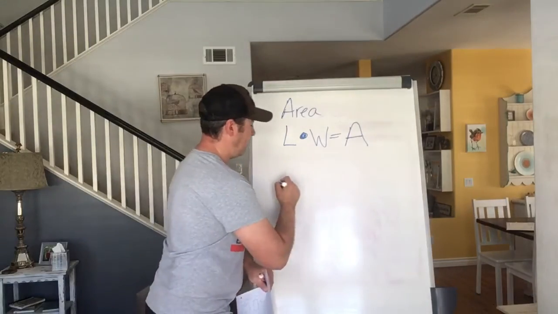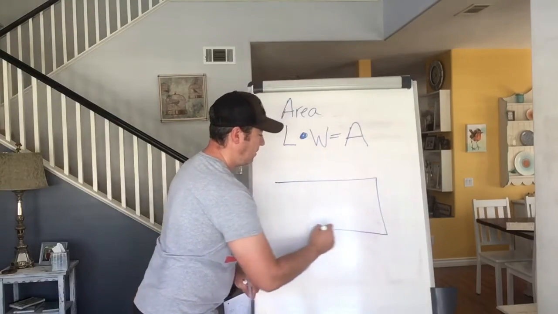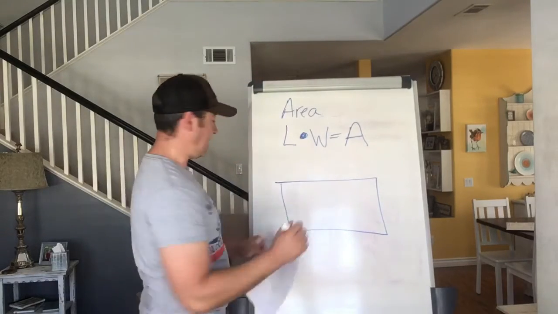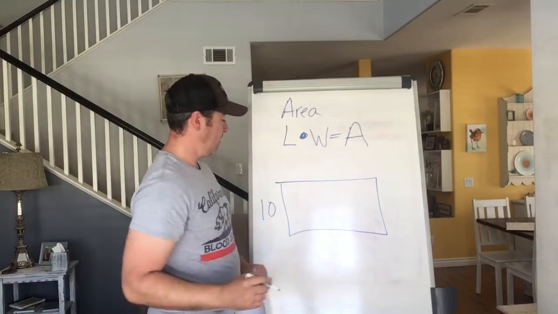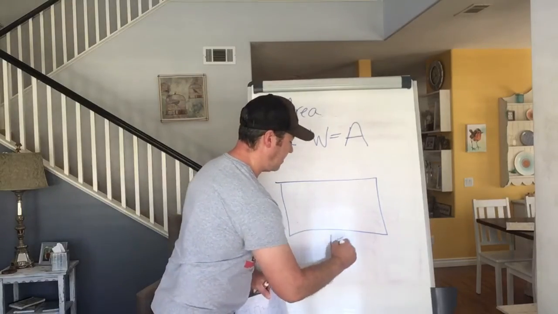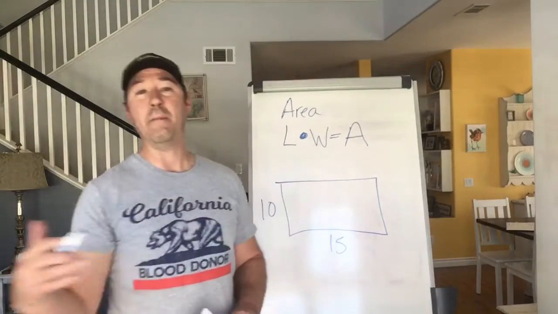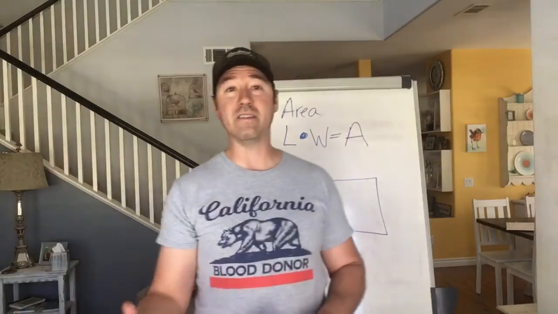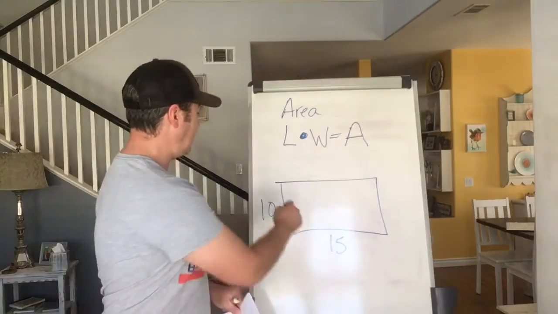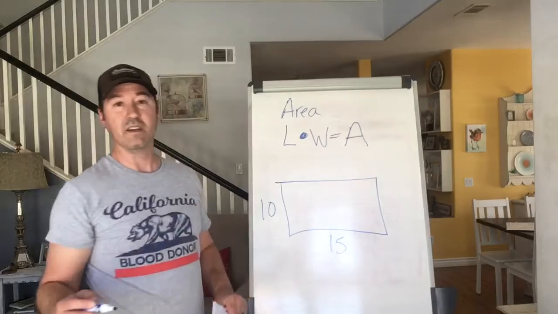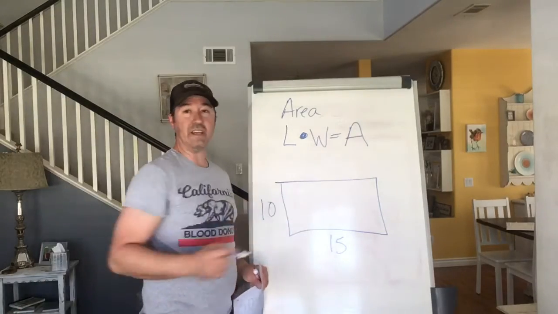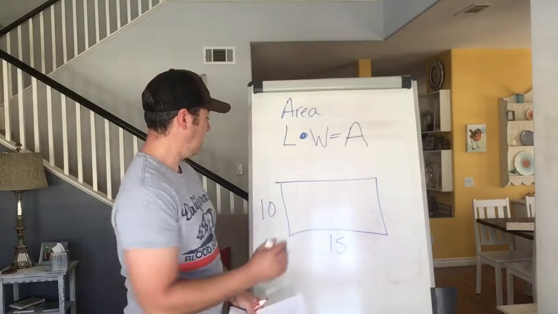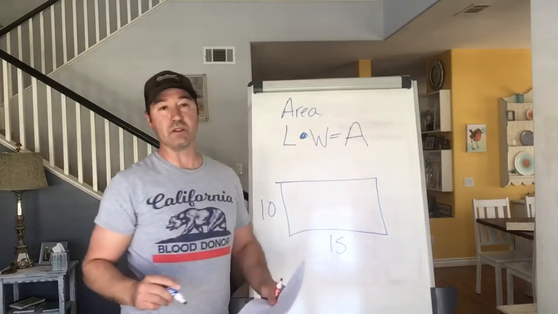In our example, we have a rectangle. And that rectangle is 10 by 15. And if you hear that language, 10 by 15, by is another word for multiply. 10 times 15. So we're going to go ahead and pick one of these for length and one of these for width.